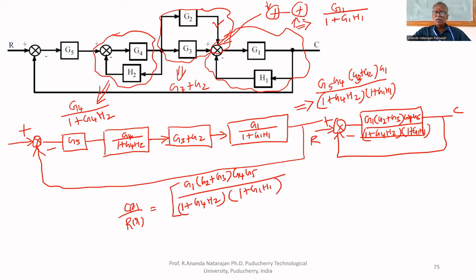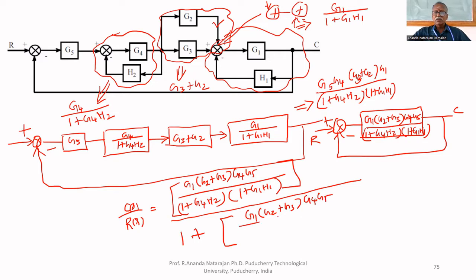This is in the numerator. Forward path upon 1 plus G1, G2 plus G3, G4, G5 upon 1 plus G4H2 multiplied by 1 plus G1H1.